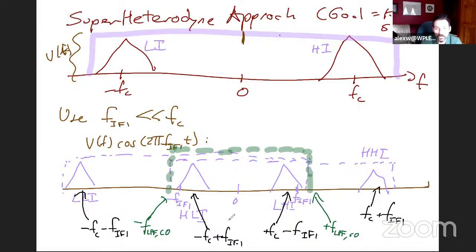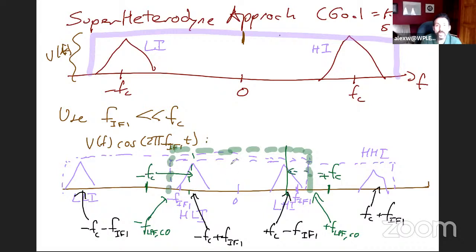So now we're getting closer. It's not zero, but we've moved this progressively from where it was initially, minus FC and plus FC. We've moved these copies such that now it's FIF1 closer to DC.